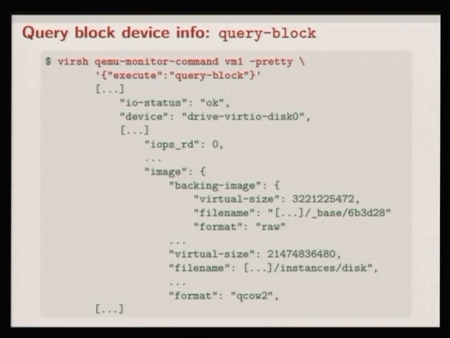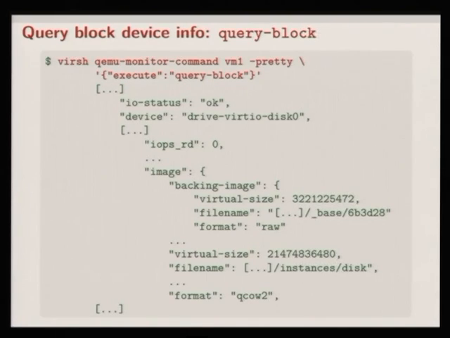Another command that's useful is query block, to query live block information of a VM. If you run query block, it will show all block device information of a disk image of a VM.